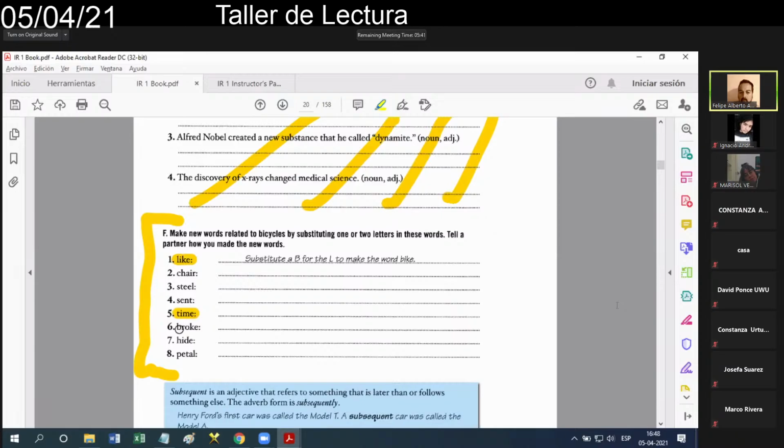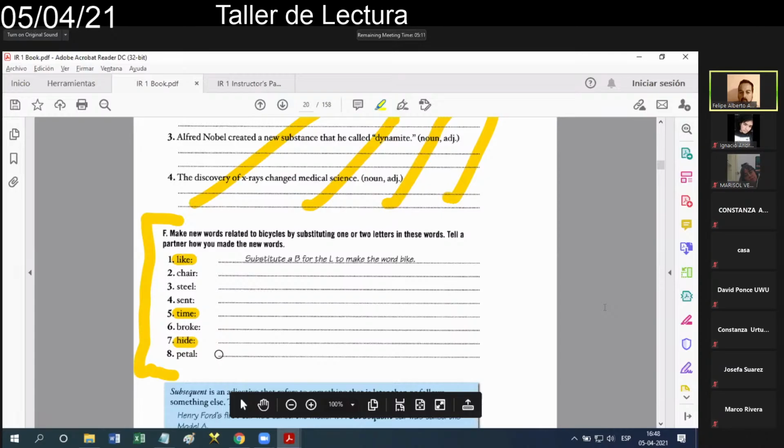Tire. Broke. Break. Very good, Ignacio. To hide, hides. Ride. Yeah, good. And for number 8, pedal.